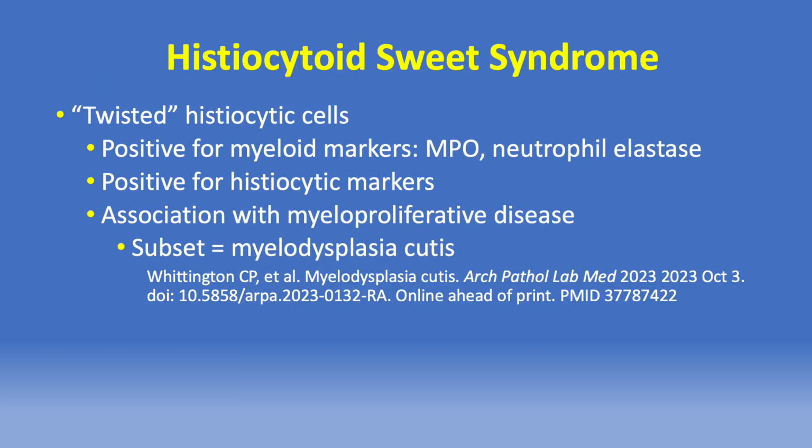Worthy of mention is histiocytoid Sweet syndrome, which is a histologic variant characterized by larger histiocytic mononuclear cells whose nuclei are sometimes described as twisted and staining immunopositively for myeloid markers and histiocytic markers.